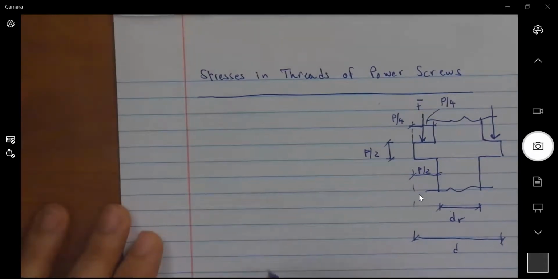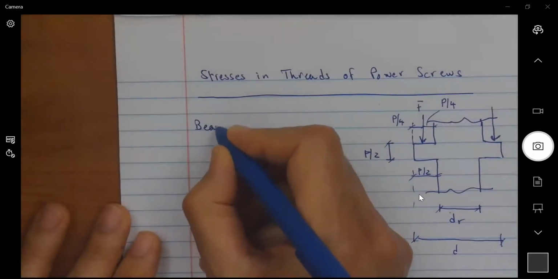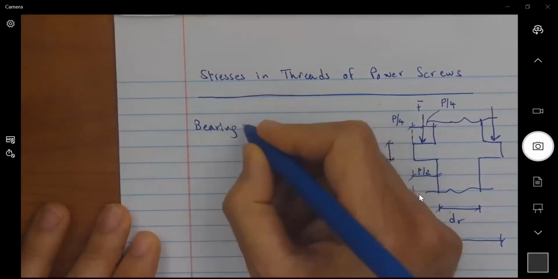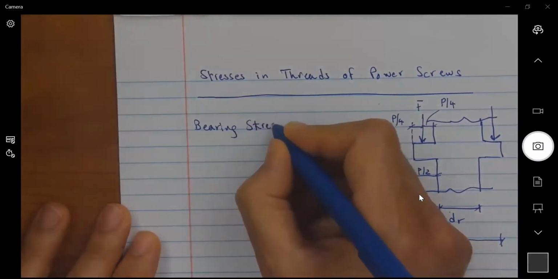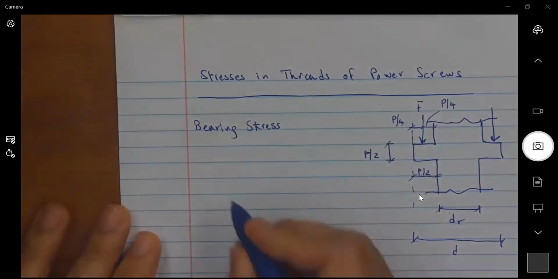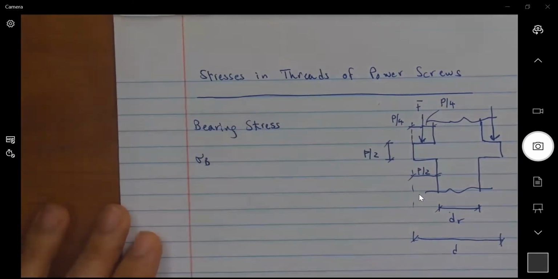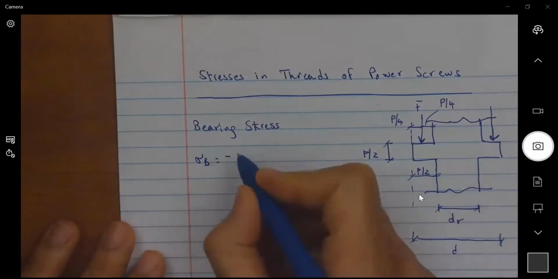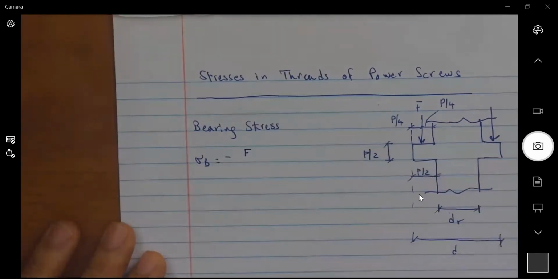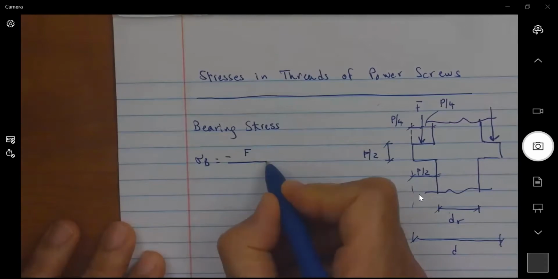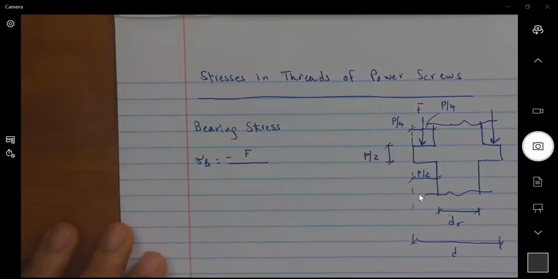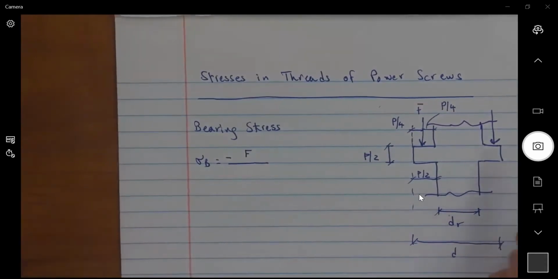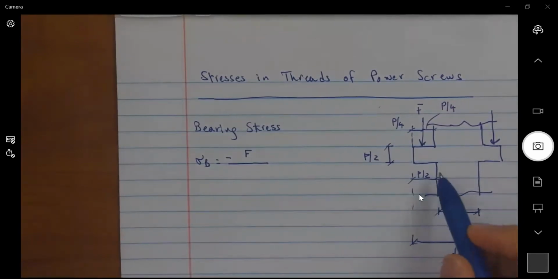So I have a bearing stress, and this sigma uppercase B for bearing is a compressive stress that is equal to, I'm going to put a minus because it's compressive, the force divided by the area that is supporting the load. And this area is coming from P over 2 multiplied by the perimeter.